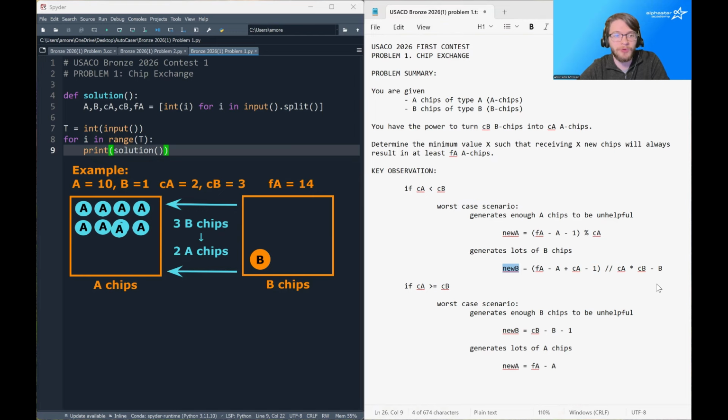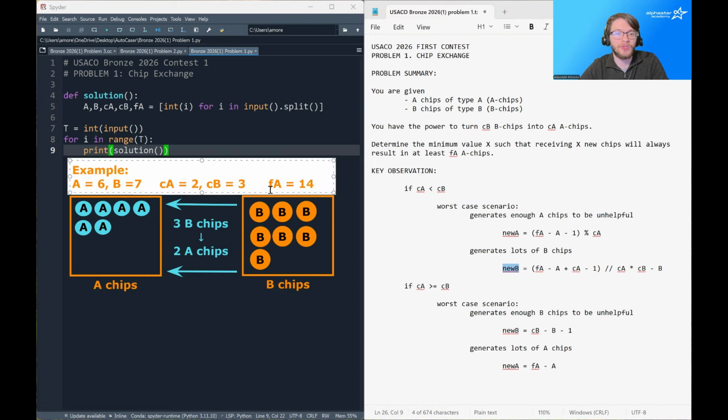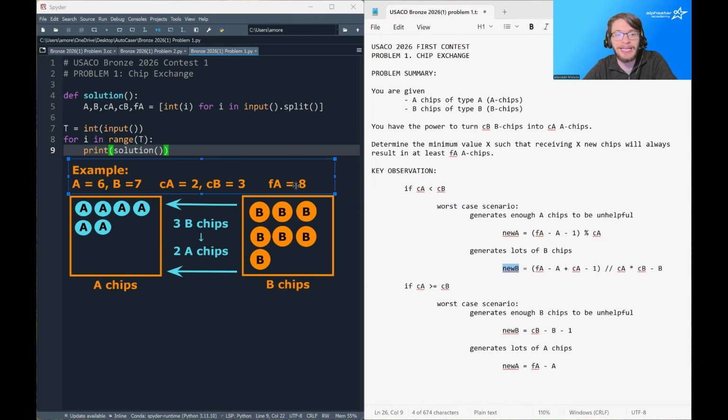It is possible that when I converted all of my B chips into A chips at the beginning, I just reached my objective. So imagine my objective here was actually much smaller. Let's say my objective was I wanted 8 A chips. Well, when I started by converting all of my B chips to A chips, you can see that I actually instantly hit that goal.